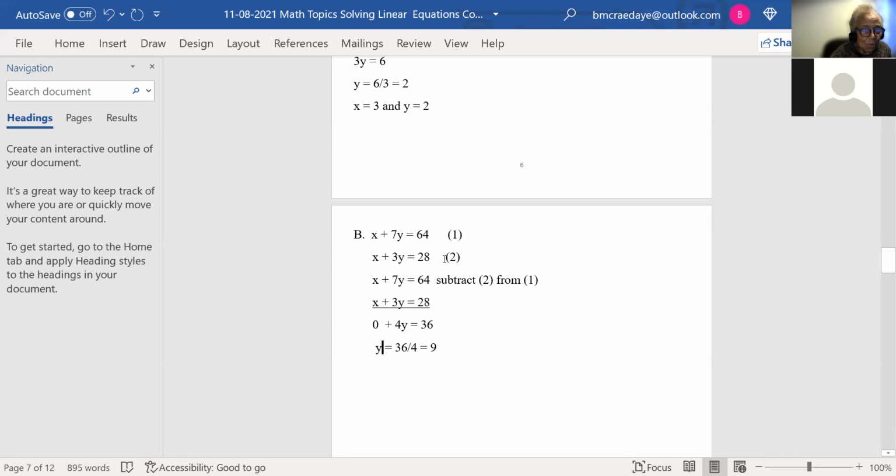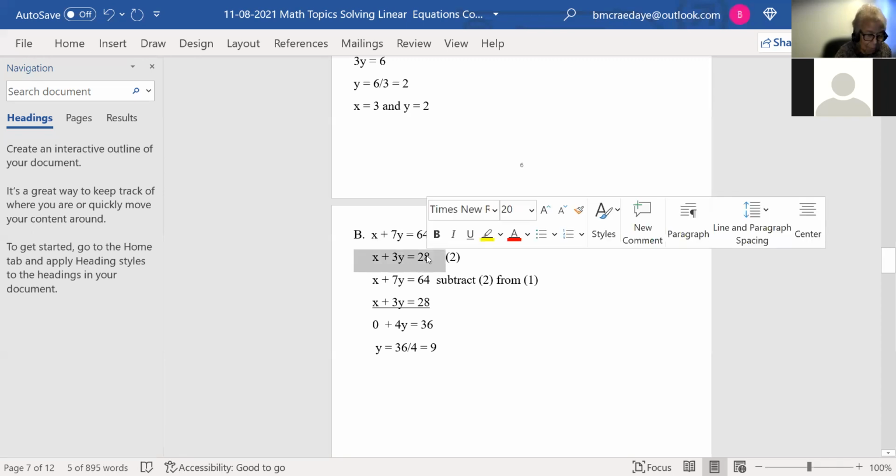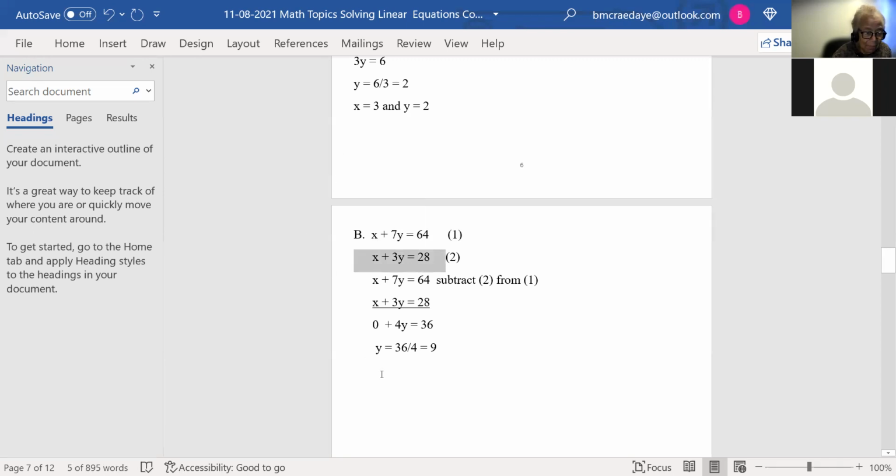Which one do you want to use? Okay, we could use 2. So we'll take number 2 and substitute 9 for y.